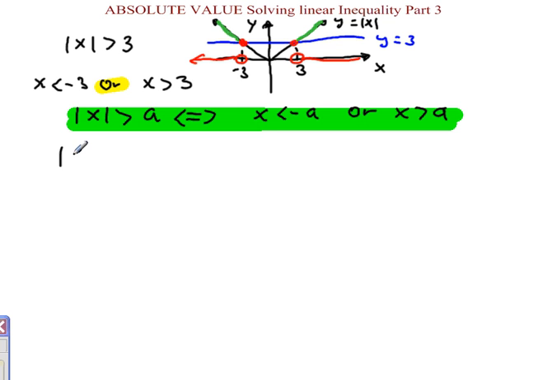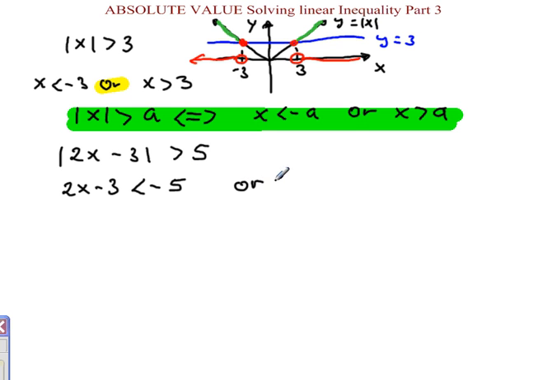So let's do the example. Supposedly the question is a little bit more complex. Absolute value 2x minus 3 greater than 5. So how do I use this definition here? I have to solve two cases. When whatever goes inside will be less than negative 5. So 2x minus 3, this is the expression inside, must be less than negative 5.